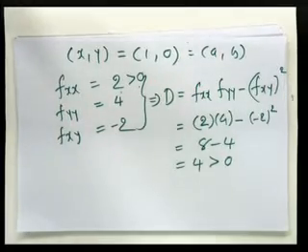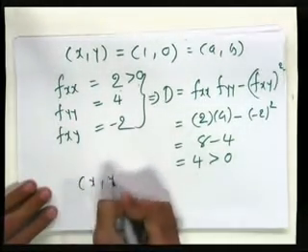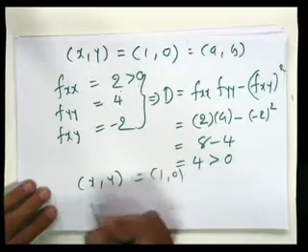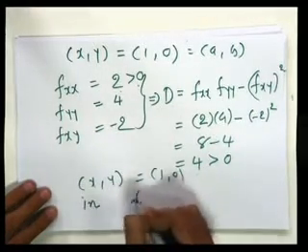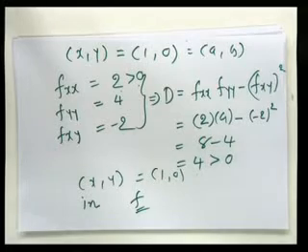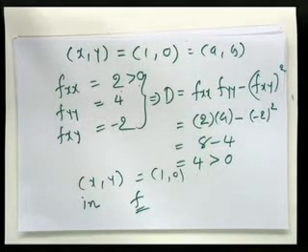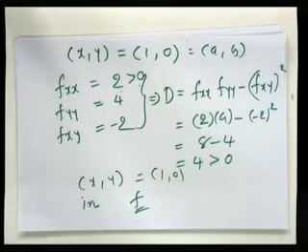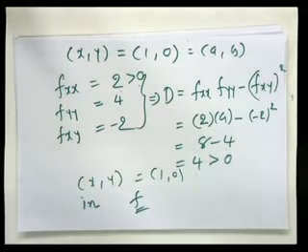Putting this value (x, y) is equal to (1, 0) in our function f, we will quickly find the minimum value of the function at the point (1, 0). So using this second derivative test, we can find the maximum or minimum value of the function.